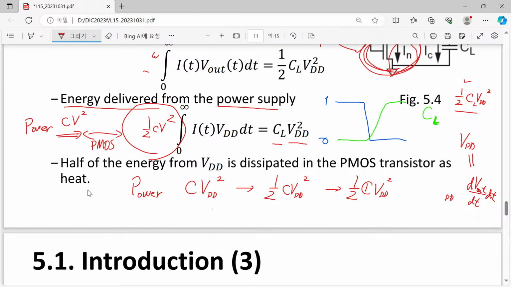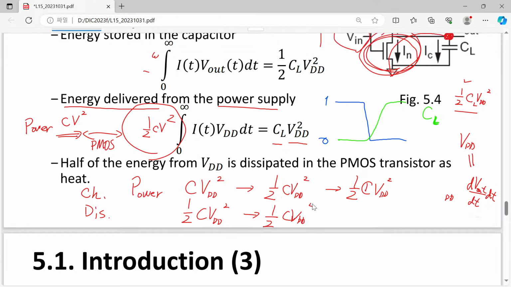After that, this is the charging phase, and we have a discharging phase. In the discharging phase, initially the energy was stored in our load capacitor, and it is completely dissipated by our NMOSFET. Okay, so after that, what happens?